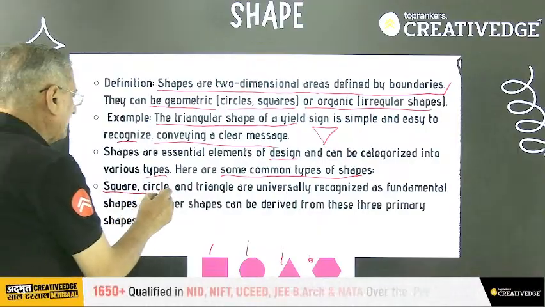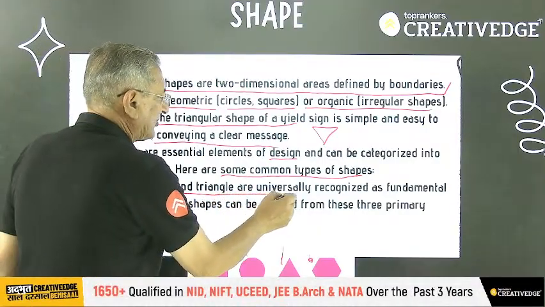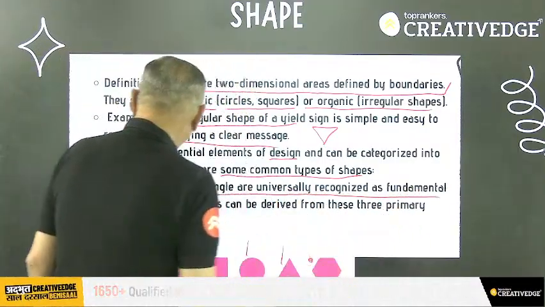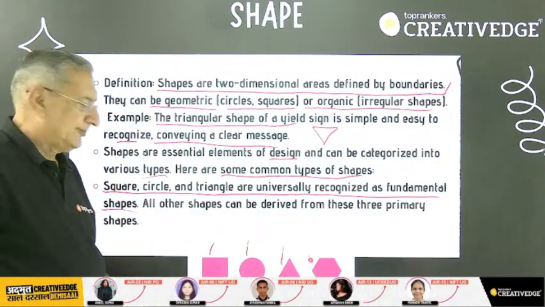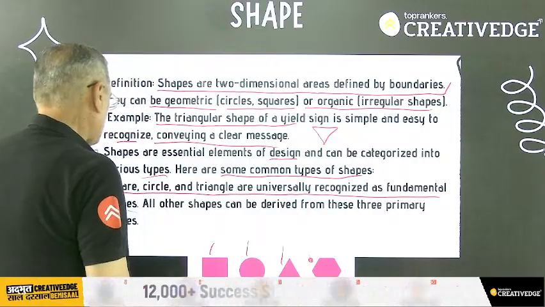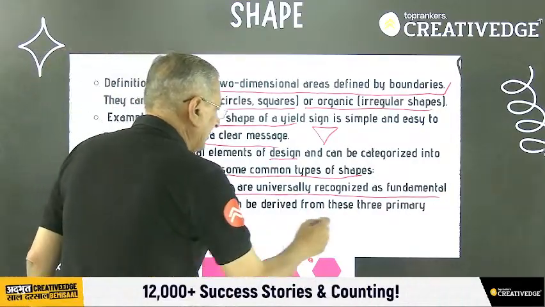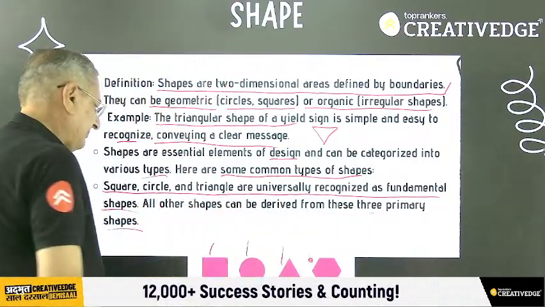Square, circle, and triangle are universally recognized as fundamental shapes or primary shapes or basic shapes. All other shapes can be derived from these three primary shapes.